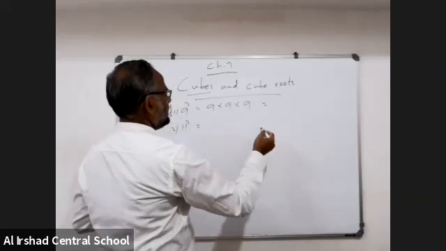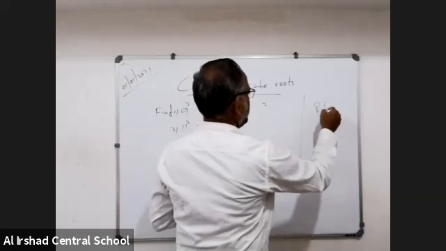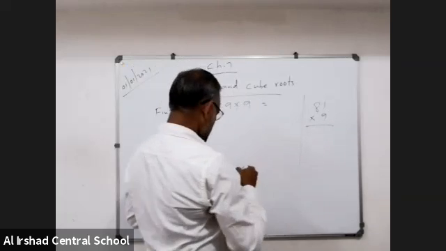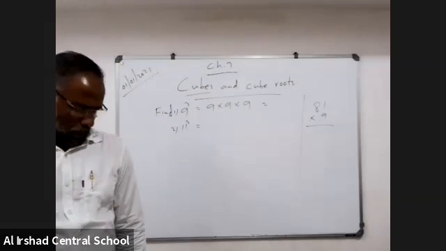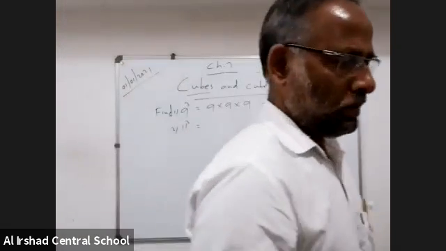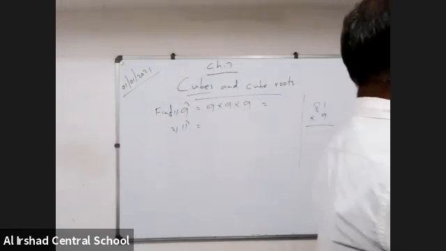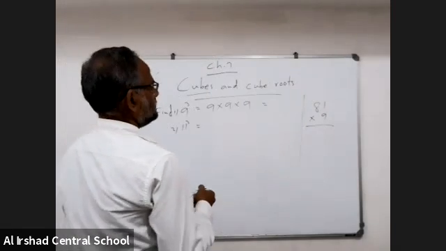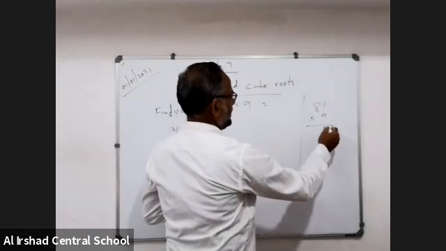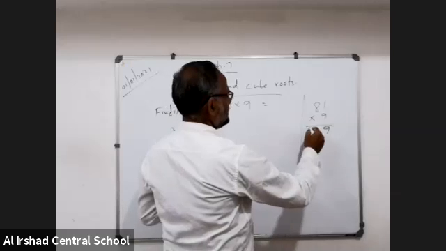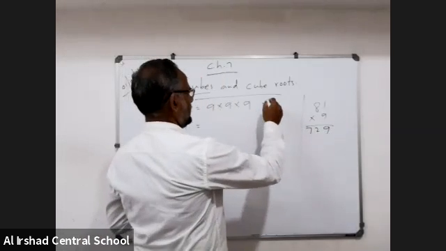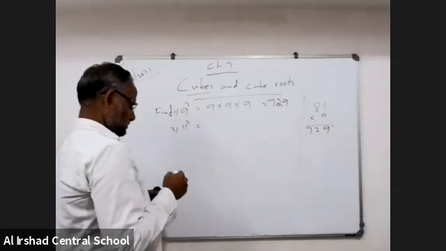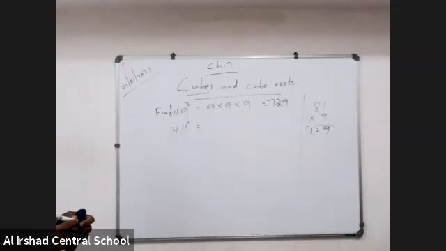That means 9 nines are 81 into 9. You can do the multiplication in the working column on the right-hand side. 81 times 9: 9 ones are 9, 8 nines are 72, so 729. I think you told me 729. Correct?